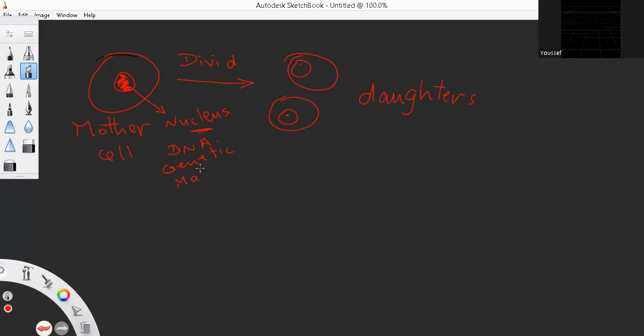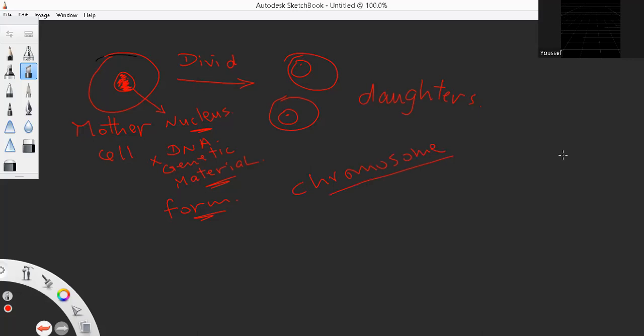Do you know the form in which the genetic material is found in the nucleus? I don't remember. The form of DNA is a structure called a chromosome.